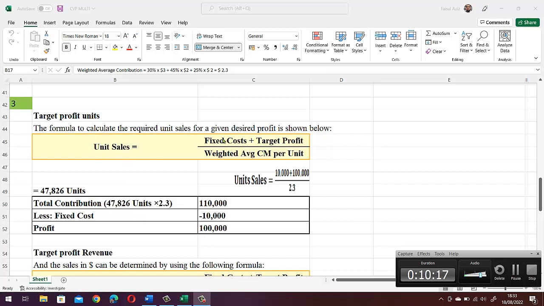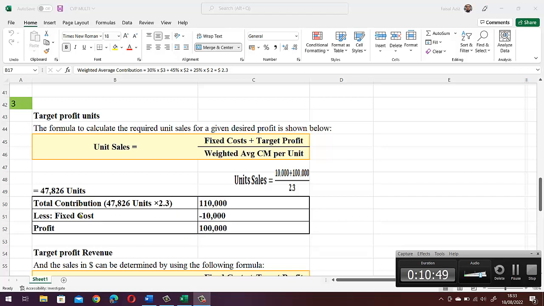It is fixed cost plus target profit divided by weighted average contribution per unit. So $10,000 is the fixed cost, plus the target profit of 100,000, divided by the weighted average contribution per unit we have calculated above, which is 2.3. So this will give us 47,826 units.